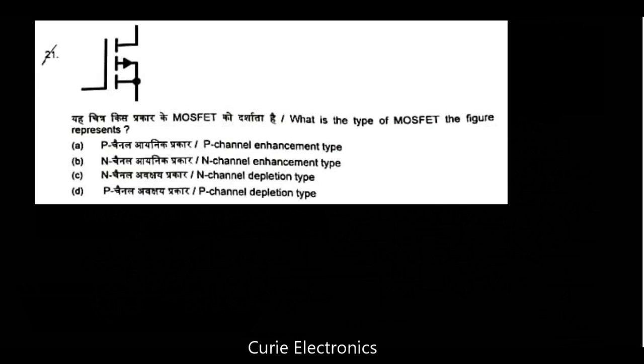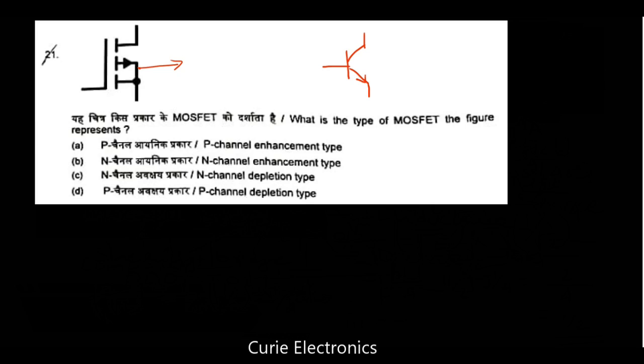Question number 21. What is the type of MOSFET the figure represents? First of all, whether it is P channel or N channel. The arrow is going out, and N channel and P channel are just opposite of the transistor case.